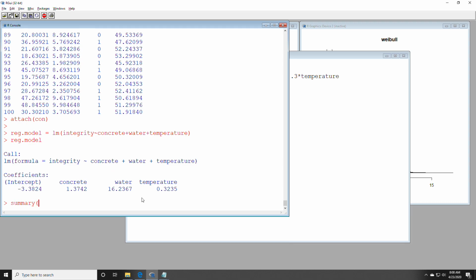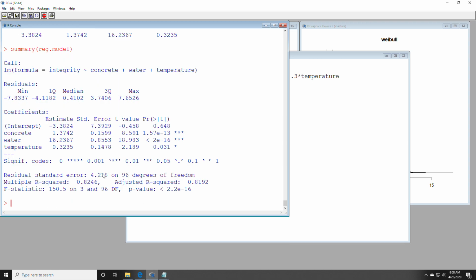Summary, reg.model. Well, one thing we can look at, R squared. Our model with the 3 variables, concrete, water, and temperature, account for about 82.5% of the variability in the integrity score of a concrete foundation. Okay, so that's fairly good.